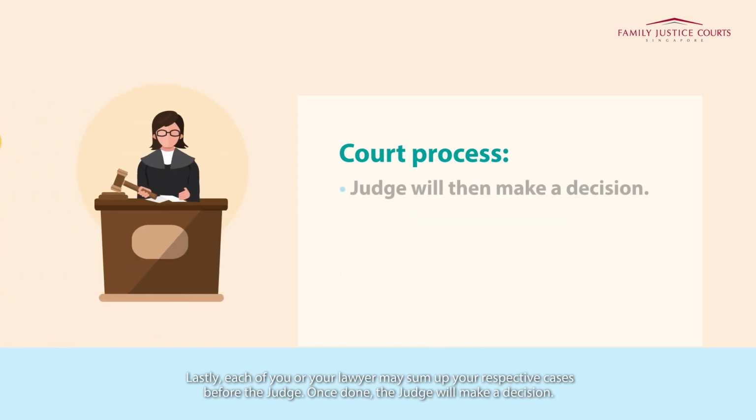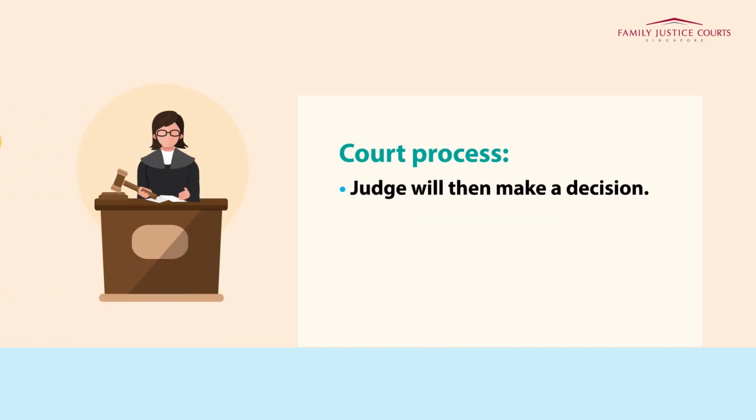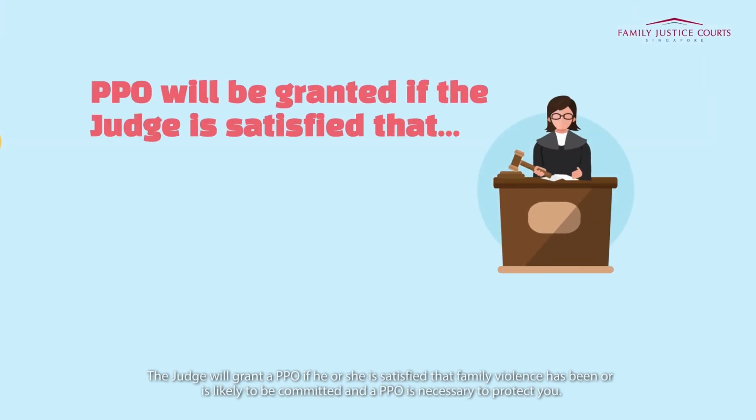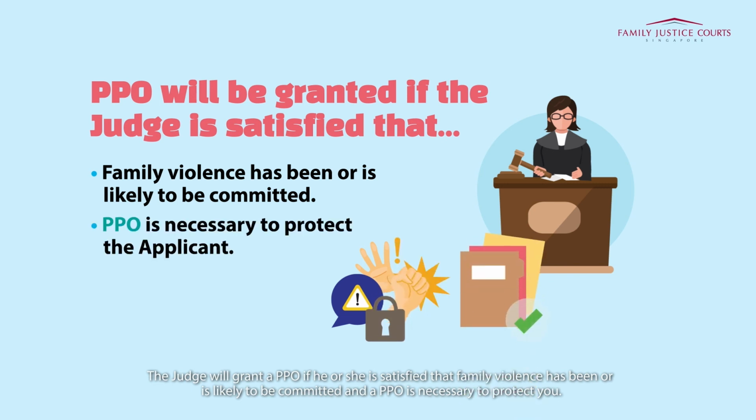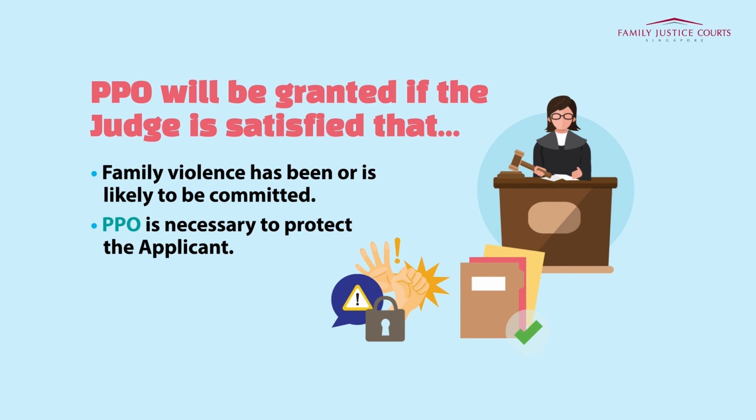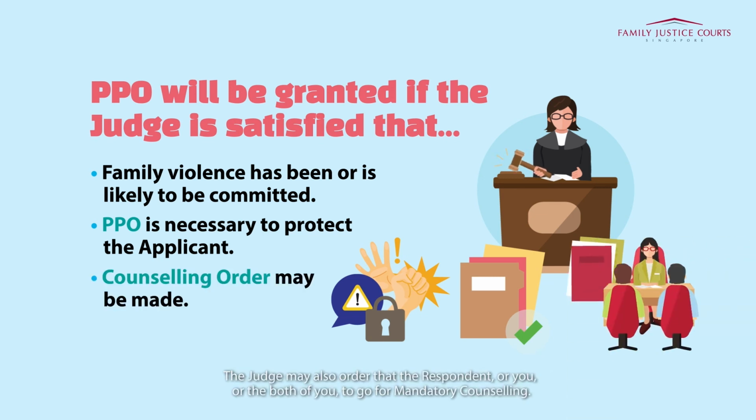Once done, the judge will make a decision. The judge will grant a PPO if he or she is satisfied that family violence has been or is likely to be committed, and a PPO is necessary to protect you. The judge may also order that the respondent or you, or both of you, go for mandatory counseling.